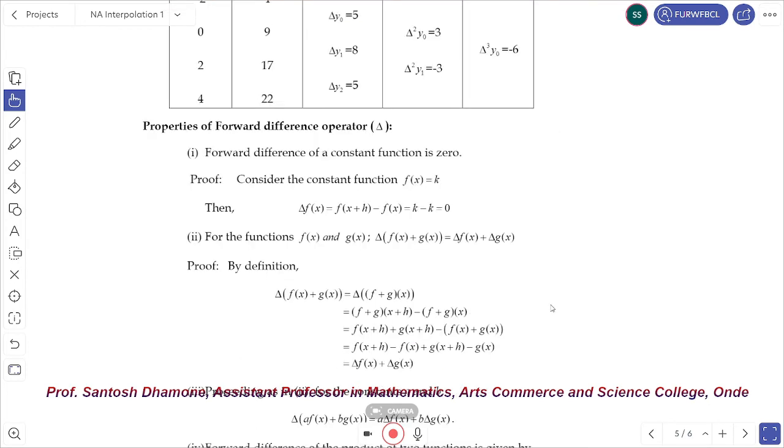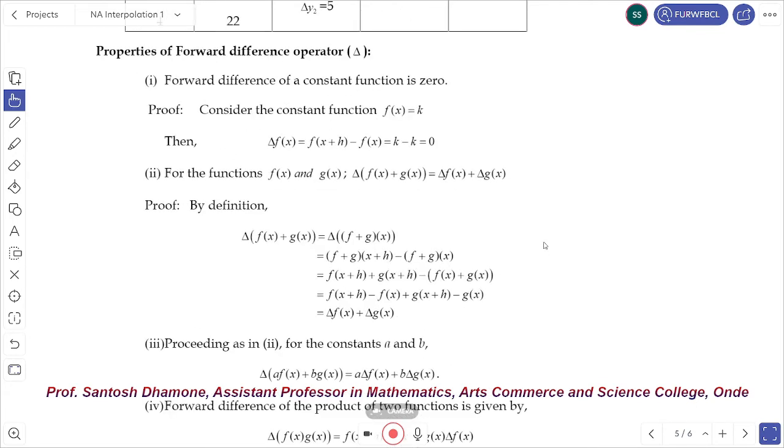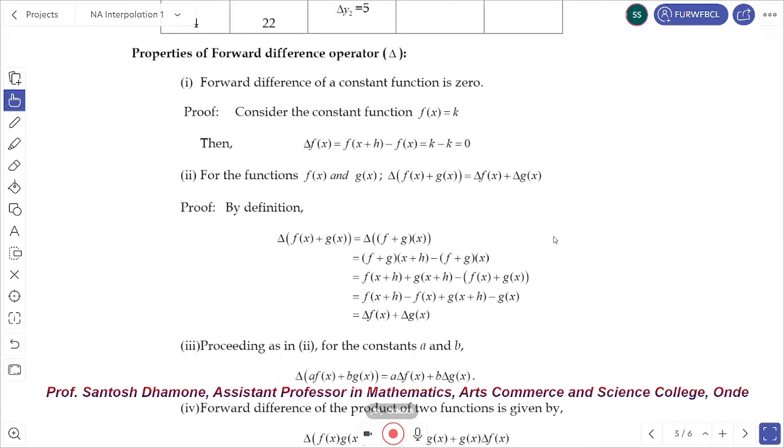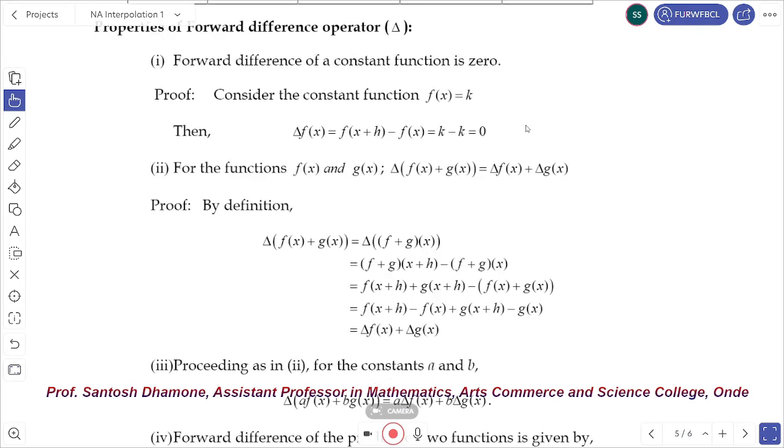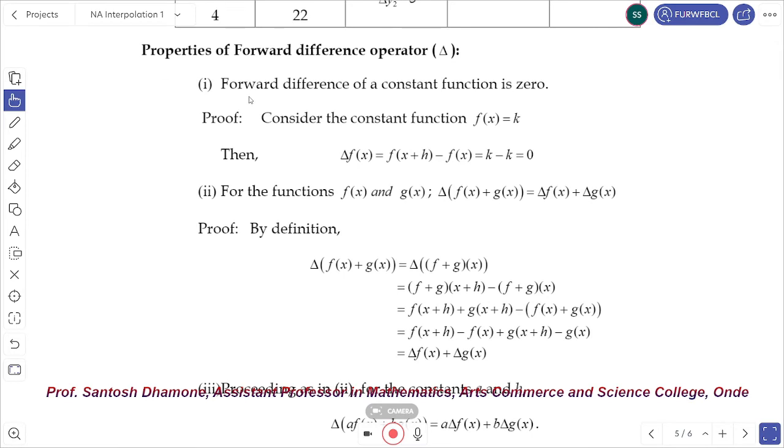We study the properties of the forward difference operator delta. First property: the forward difference of a constant function is 0.